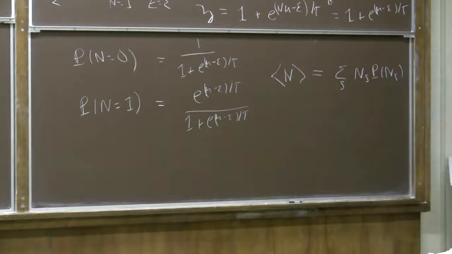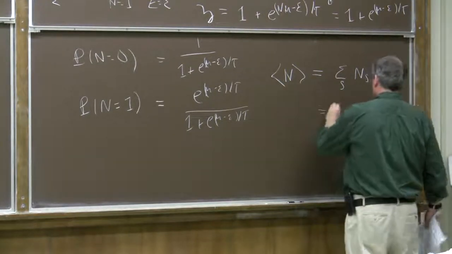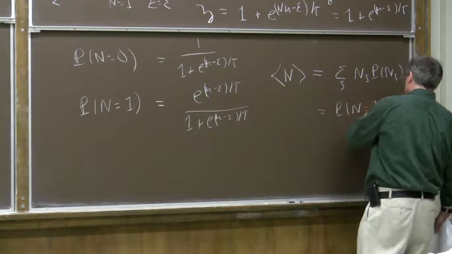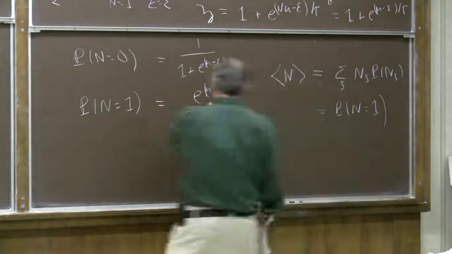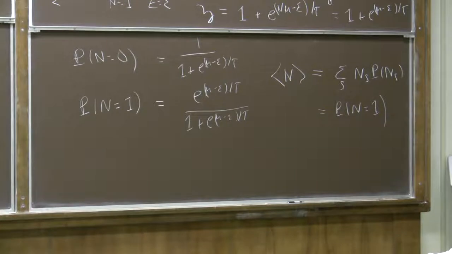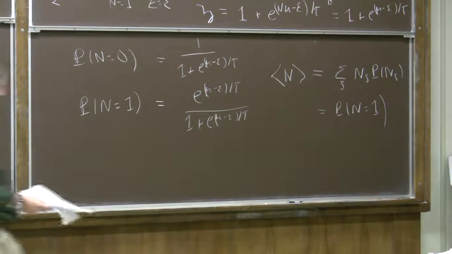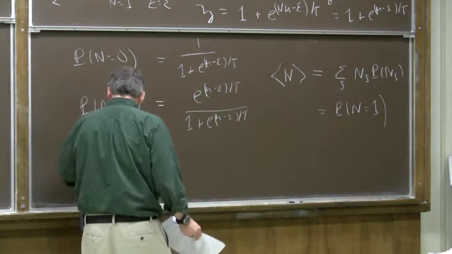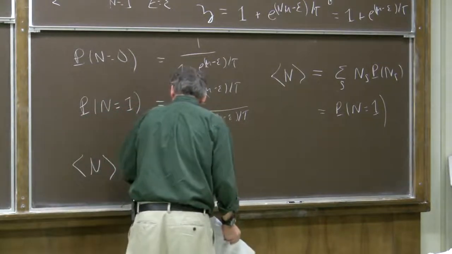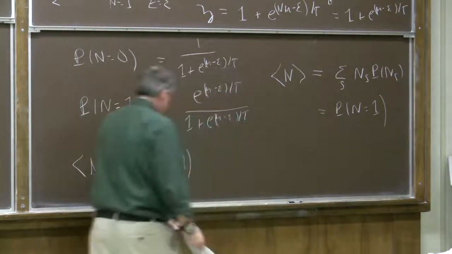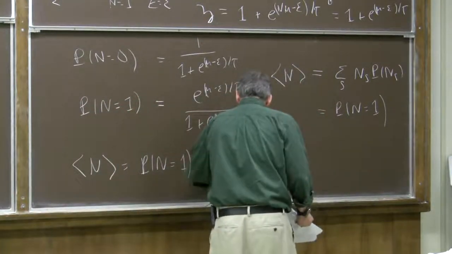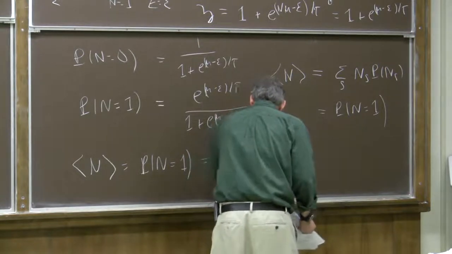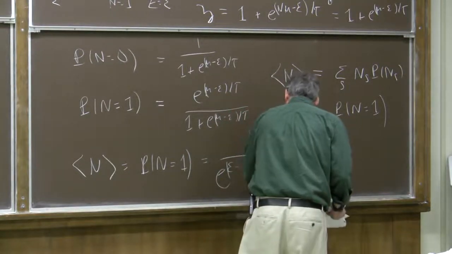Well, in this case, n is either 0 or 1. So it's just equal to the probability of having n equals 1, the orbital being occupied. And that's this expression. If I divide numerator and denominator by e to the mu minus e over tau, I can also write the expectation value for the occupation number of the orbital as 1 over e to the energy minus chemical potential divided by tau plus 1.